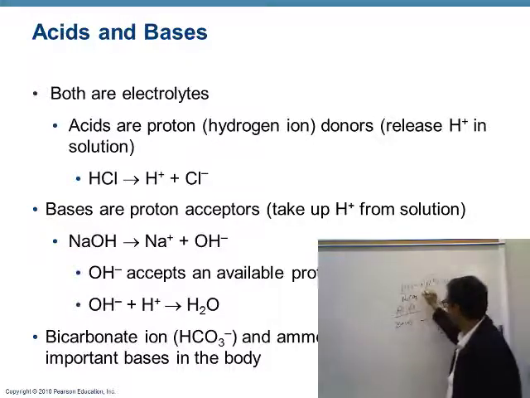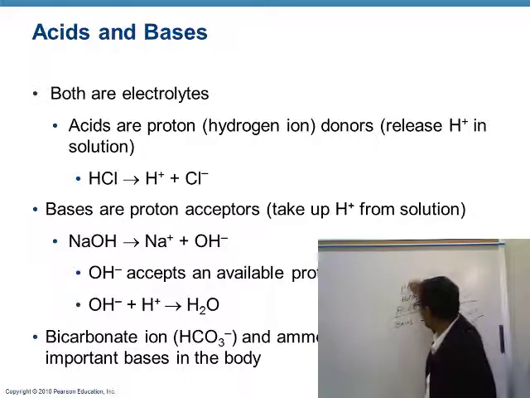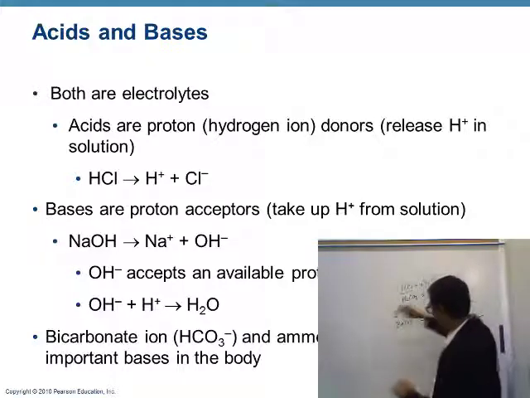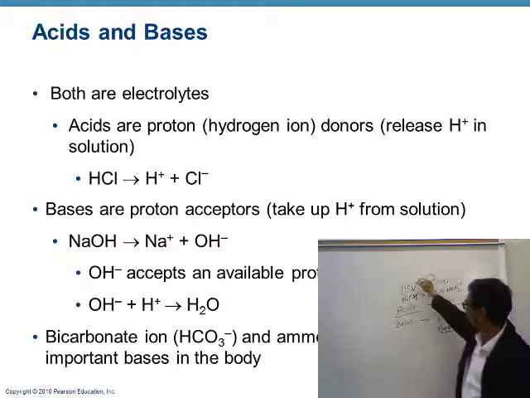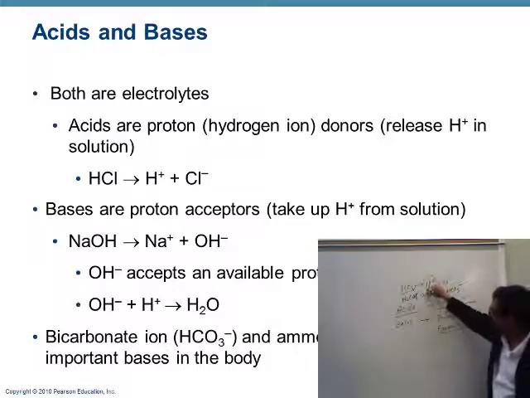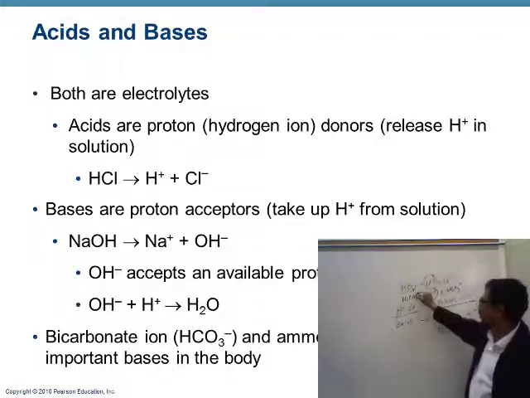Now, if you see two acids, this is hydrochloric acid, another acid, this is carbonic acid, just know that both are acids. Now, both can quickly release hydrogen ion, but this one can do more than this one. So both, you see, quickly release hydrogen ions, but this one produces more, this one produces less.